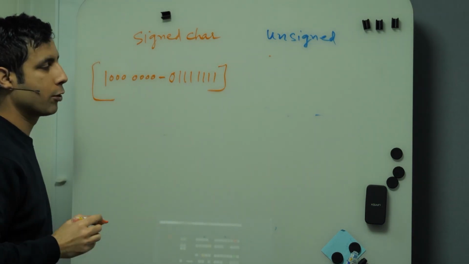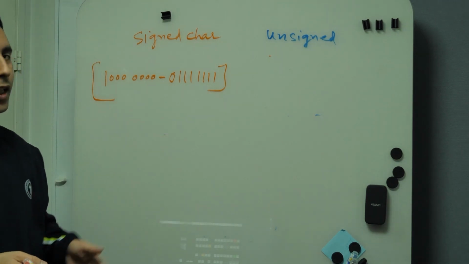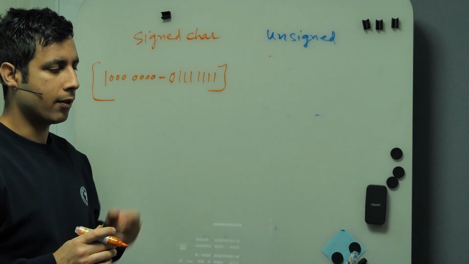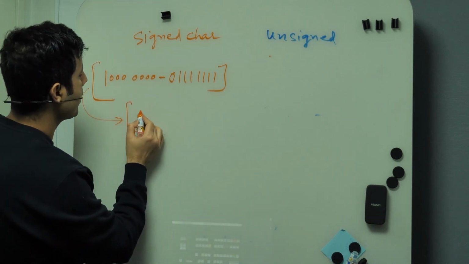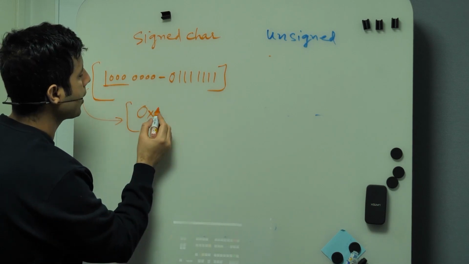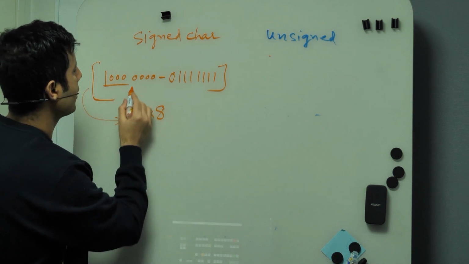There is another way to write down this range, and it's a slightly easier way to deal with bit patterns. It's to write them in hex. So you could also write 0x, this would be 8, and this would be 0.